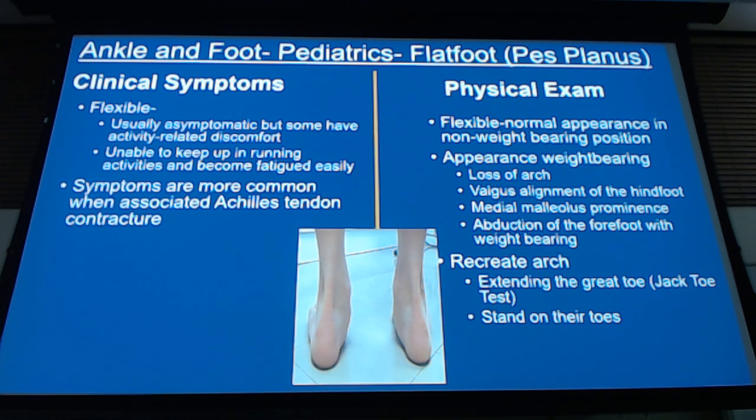You try to recreate the arch by having the patient stand on their toes. The mechanism of how this will actually work is that if you've lost the medial longitudinal arch because of weakened structures in the foot, if you stand on your toes, then that should recreate the arch, right? Some patients it does, some patients it doesn't. But it's just something to note for your clinical practice.